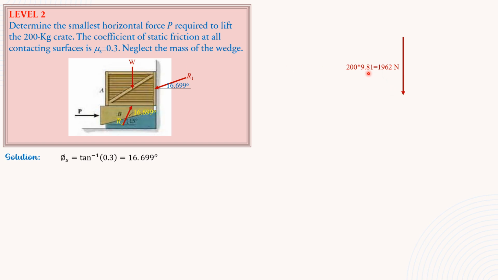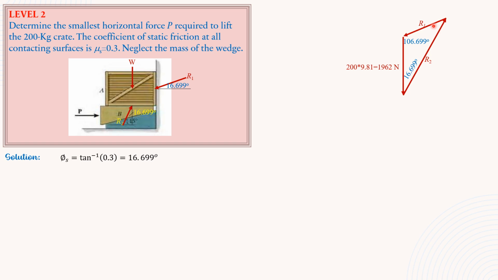Weight, 200 kilograms times 9.81, followed by R2, which makes an angle with the vertical of 16.699 degrees. Then this is R1, which makes an angle with the horizontal of 16.699. Horizontal plus vertical is 90, so 16.699 plus 90 is 106.699 degrees.